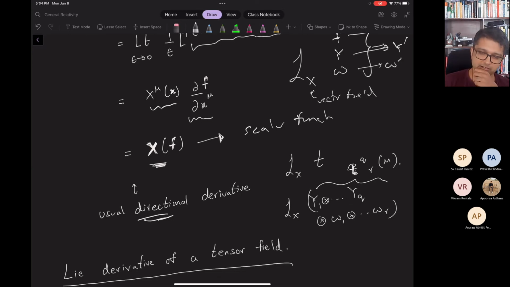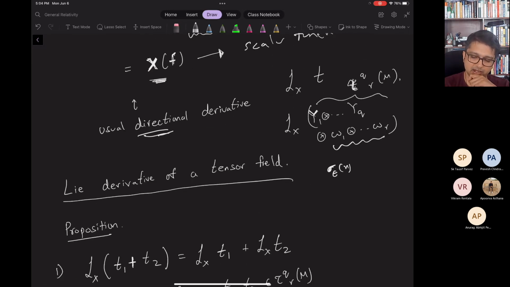Now I can define the Lie derivative in a very natural way. I take the vectors at the point sigma epsilon of x and pull them back. By pull them back, I mean I push them forward using the inverse map. And I take all dual vectors and pull them back using the usual pullback.